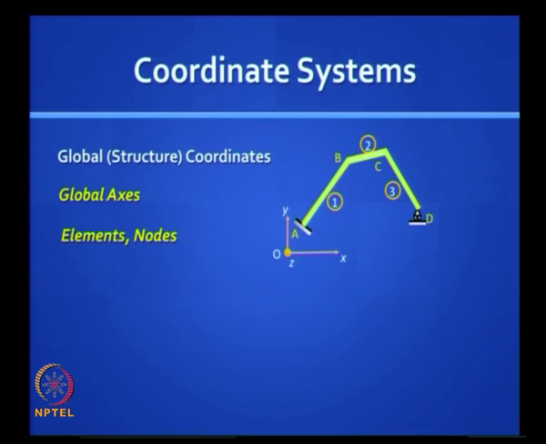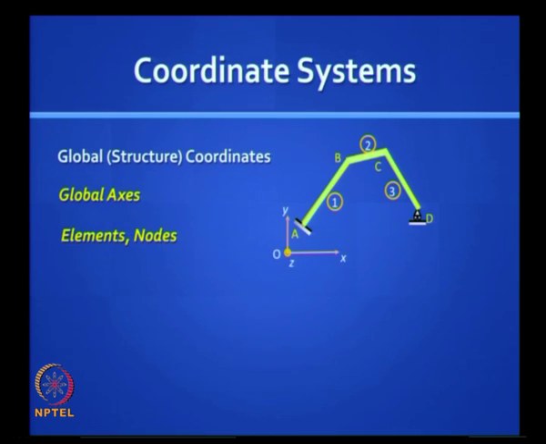But if you move consistently from left to right and from below to above, then A to B is called the incidence of my defining element 1. B to C is element 2 and C to D is element 3. So I need to do all this. I need to first locate A, B, C and D. I need to identify elements and their start node and finish node, and then I've got that. What more do I need to do?